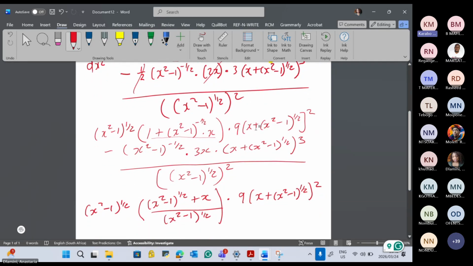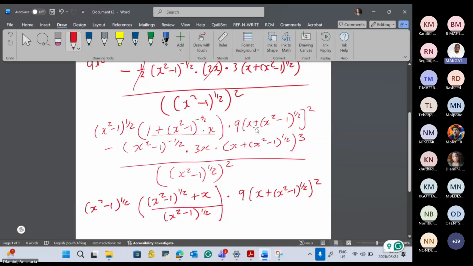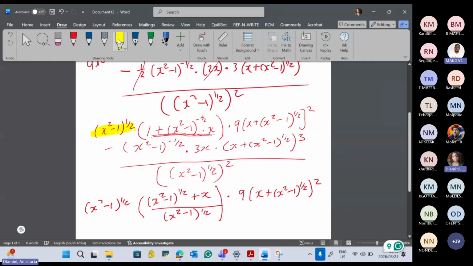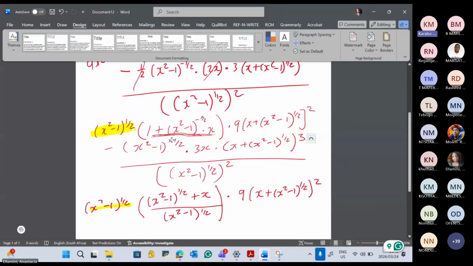There's a common, and there's x squared minus 1 half squared in the denominator. You mean this one? No, the other one, the first one. This one? Yes. Oh, yes, I wrote it here. I haven't done anything to it. I thought you removed the... Can't you cancel the one beneath? Yes, I will. Isn't it that we are simplifying step by step? I see what you mean. Yes. Okay.